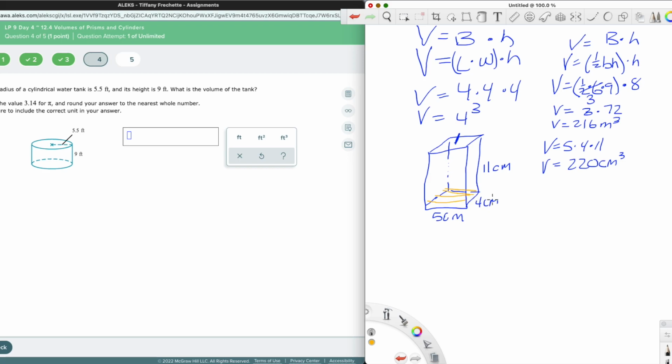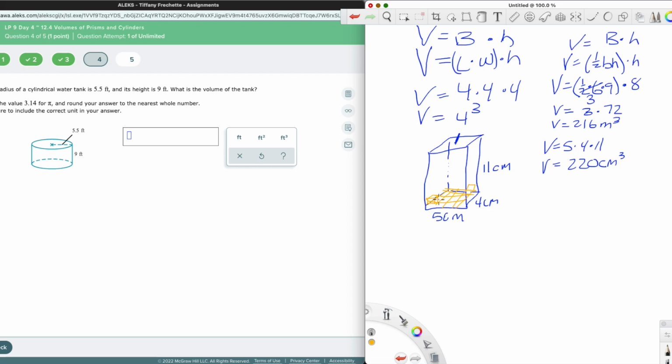So I have 4 blocks going across and 5 going along the front. So this is 5 blocks by 4 blocks. And each centimeter, it's a cube tall. So each one of these cubes is 1 centimeter by 1 centimeter.